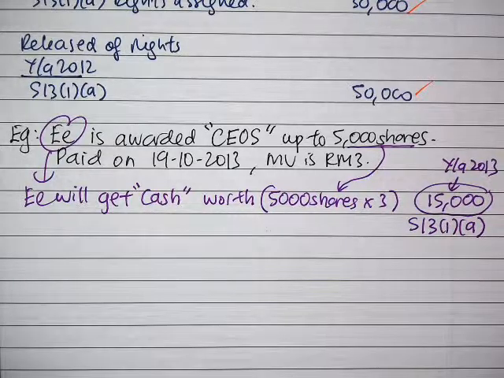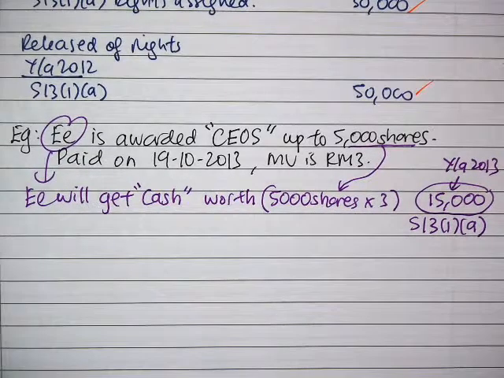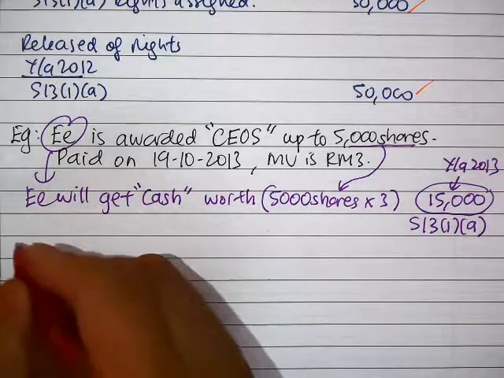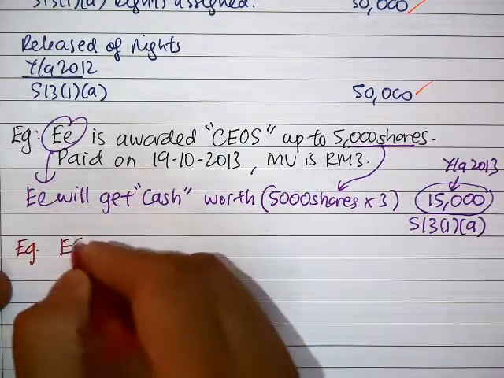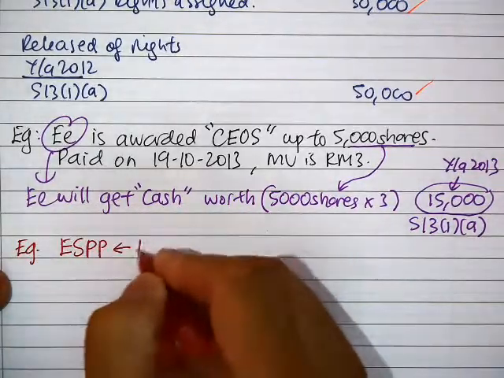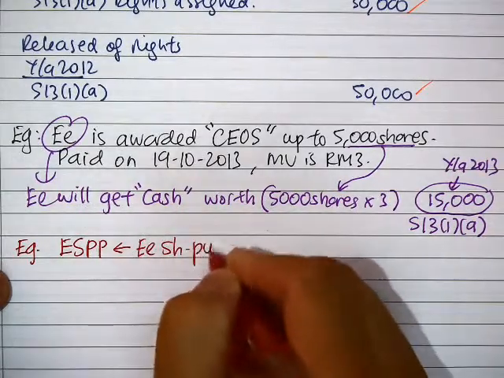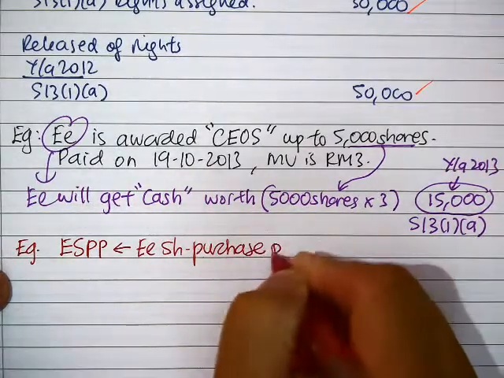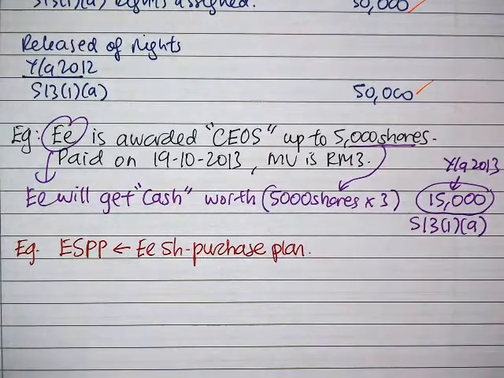Now we also have ESPP, Employee Share Purchase Plan. All right, now take another example. Employee Share Purchase Plan. So basically for ESPPs, they would like you to take an installment.